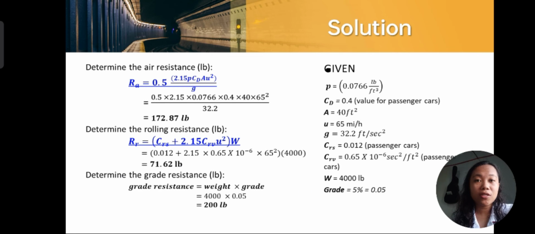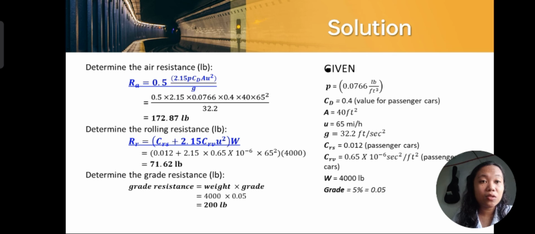So first, determine the air resistance. The formula is R sub A equals 0.5 times the quantity 2.15 ρ C sub D A U squared all over g. As mentioned earlier, ρ is a constant, which is 0.0766 pounds per cubic foot.